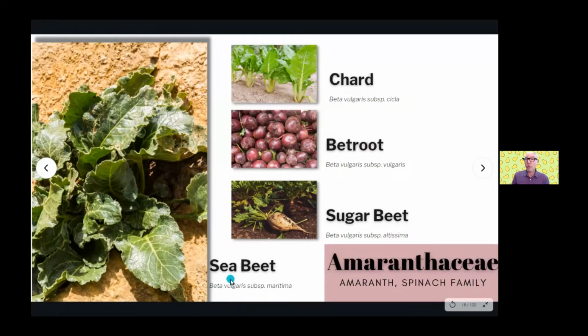It's referred to as the sea beet, Beta vulgaris maritima. Maritima means of the sea, and you can maybe infer from the name that this wild plant is found in coastal areas. But humans throughout history noticed this plant, took this plant, brought it into cultivation, and took advantage of the mutations that are a natural part of plant seedlings.